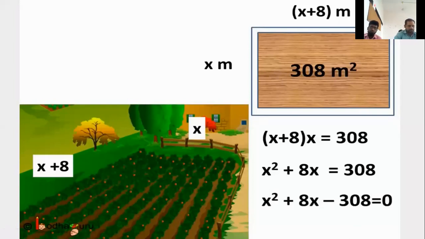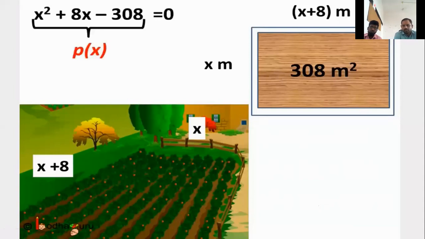Now the equation is in the form p(x) equal to 0. So here p(x) is a quadratic function, that is degree 2. So p(x) equal to 0 is a quadratic equation. This is in the standard form of quadratic equation, which is ax square plus bx plus c equal to 0, where a is not equal to 0.